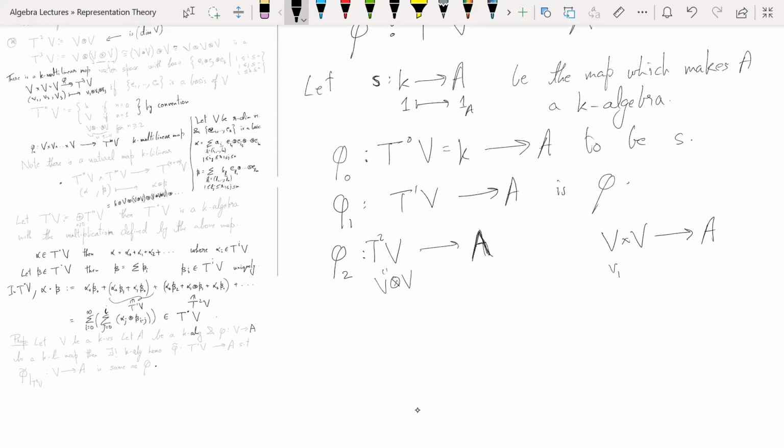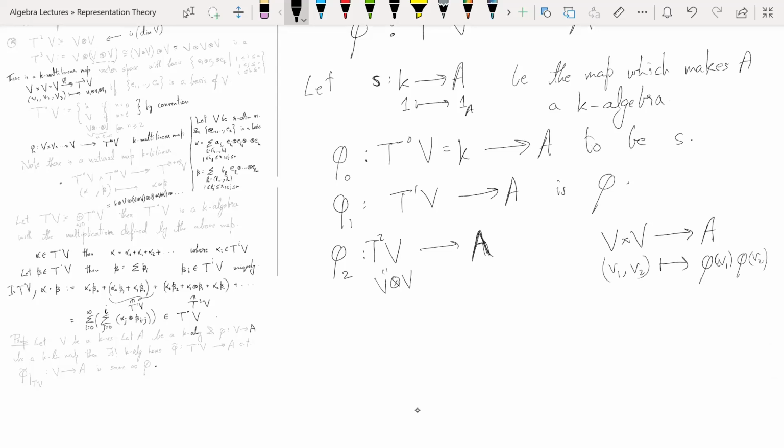So (v1, v2) you send to phi(v1), which is an element of A, times phi(v2). You can check that this is a bilinear map.